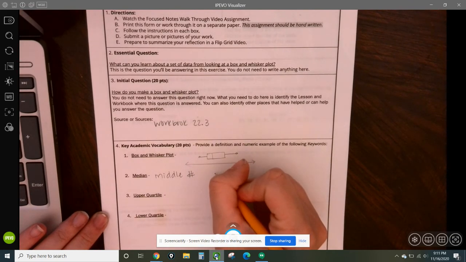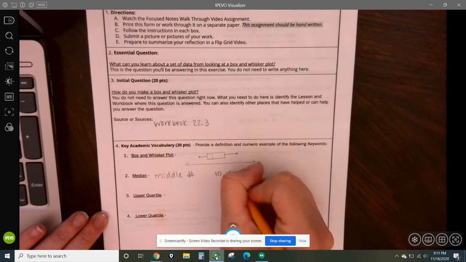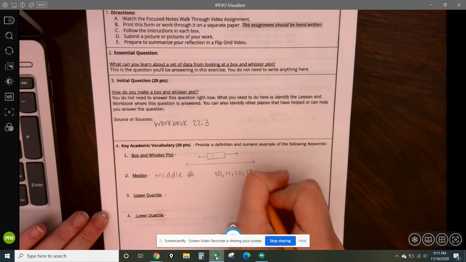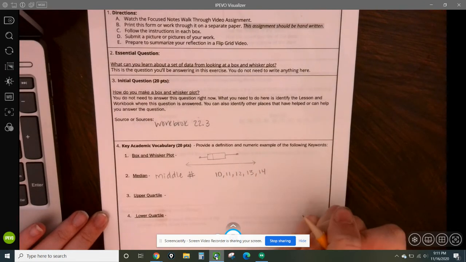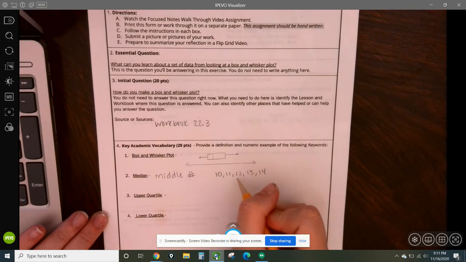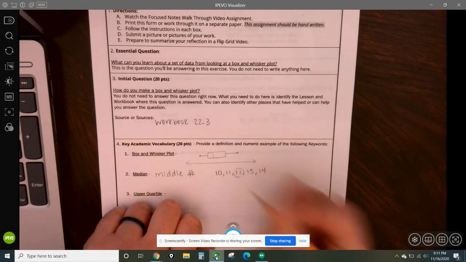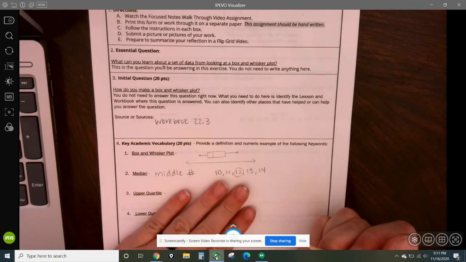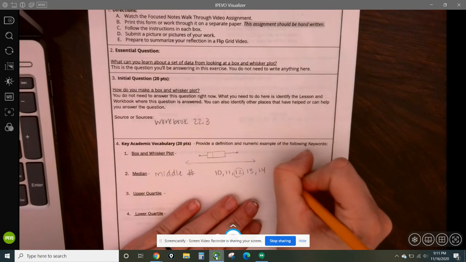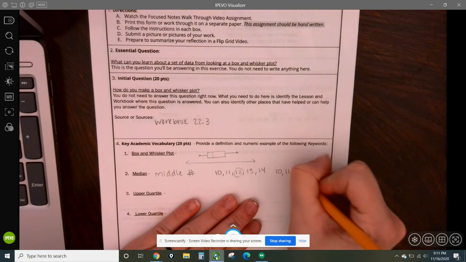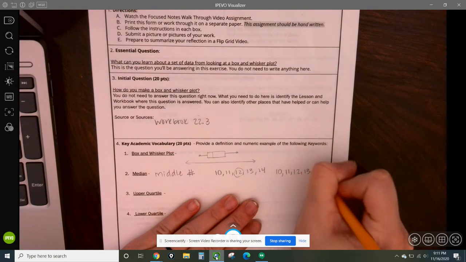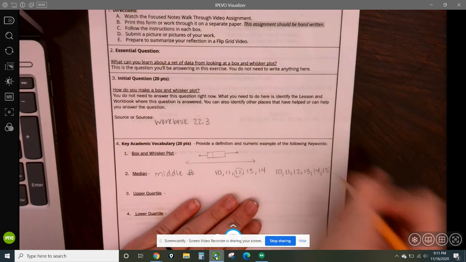So let's use this set right here, 10, 11, 12, 13, 14. So the median of these numbers, the middle number, if I just count in with my fingers, the middle number here is 12. Sometimes it can be a little trickier. Let's do this set of numbers, 10, 11, 12, 13, 14, 15. We'll throw 15 on the end there.